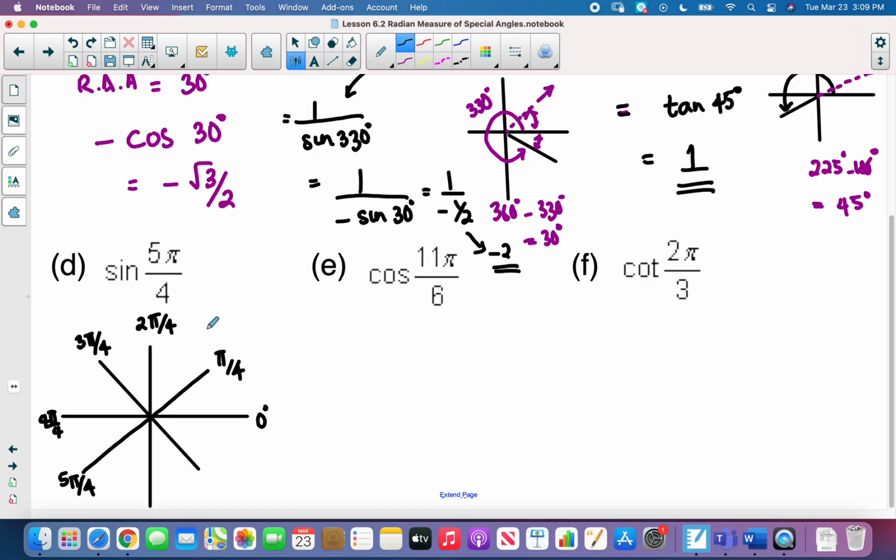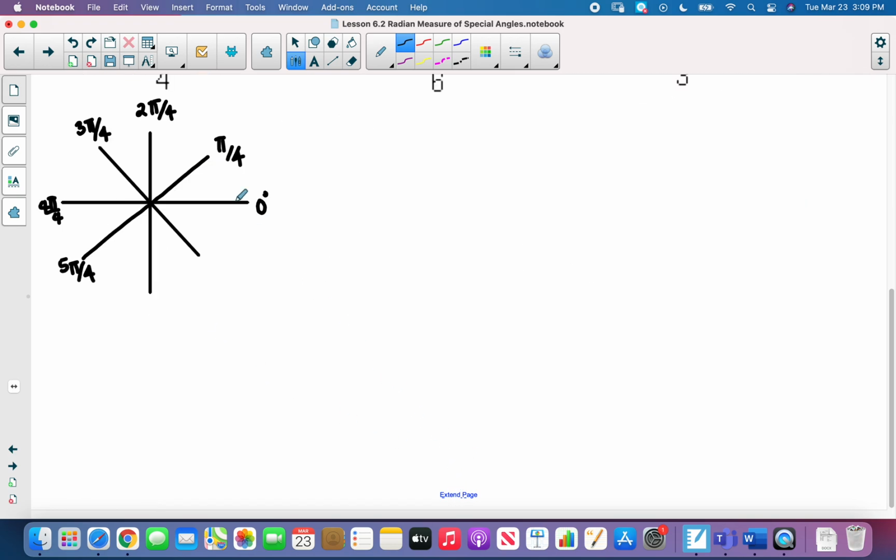So this angle, 5 pi over 4, is an angle that starts here and ends here, where it's in the third quadrant where only tan is positive. I'm asked to find sine of it, so my answer is going to be negative. So sine of 5 pi over 4 will be negative, and it'll be the same numerically as the related acute angle.